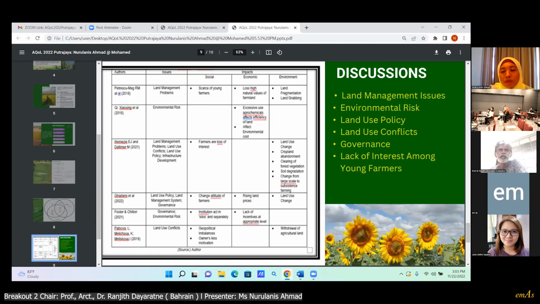We found that most of the land management problems that often occur in most countries are in terms of land fragmentation and land grabbing. So what is land fragmentation? Basically, one plot of land is used for several land use activities on the same piece of land.